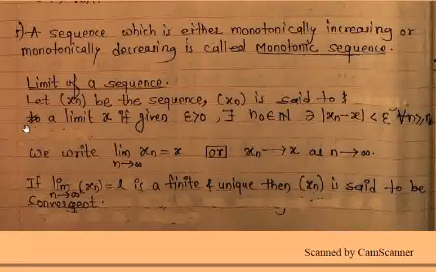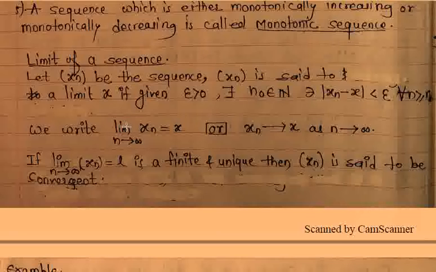Okay, now limit of a sequence. Let xn be a sequence. It is said to have a limit x if, given epsilon greater than 0, there exists n naught, a real number, such that the modulus of xn minus x is less than epsilon for all numbers n greater than n naught.